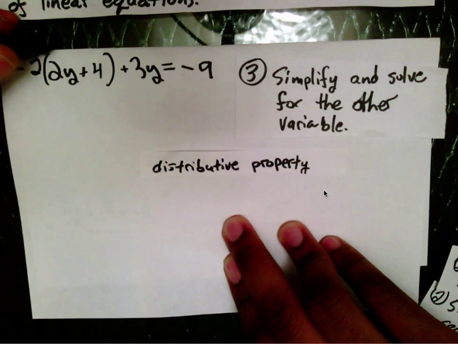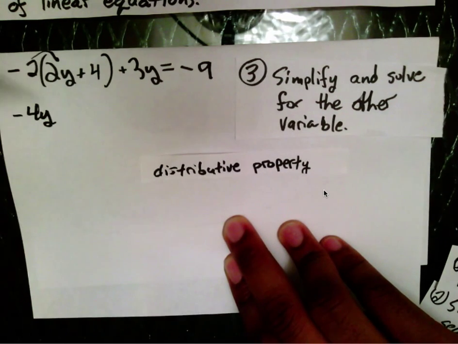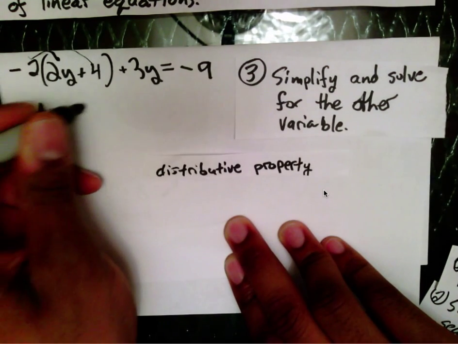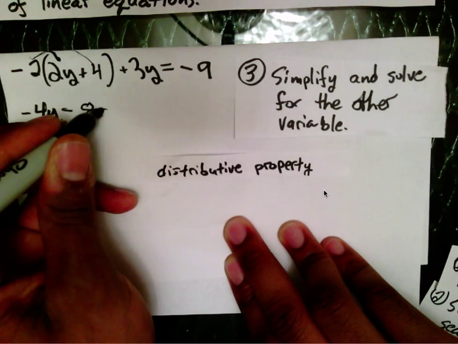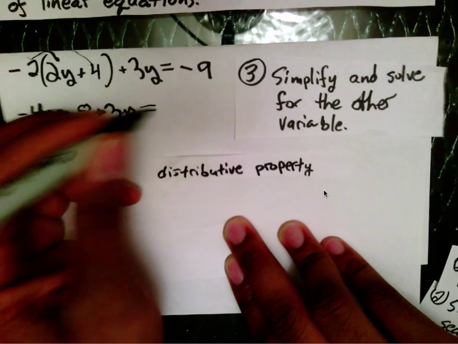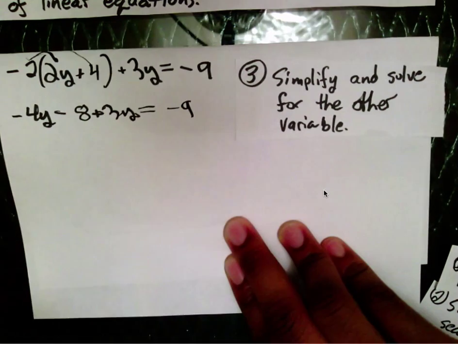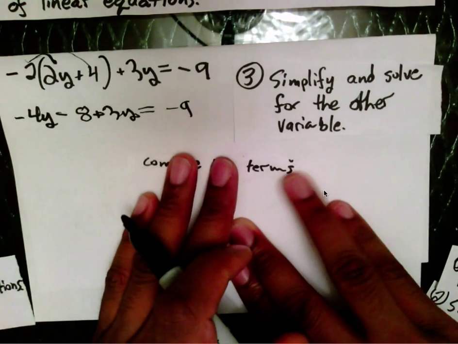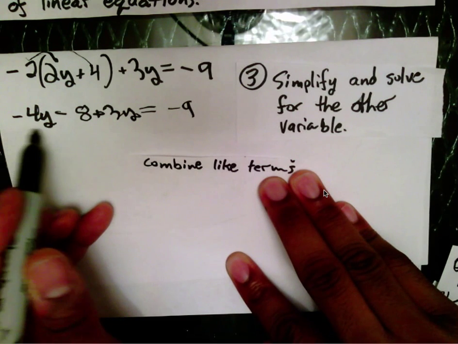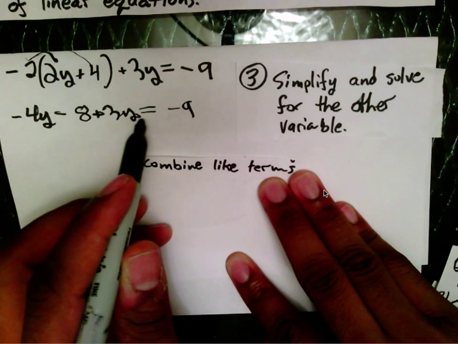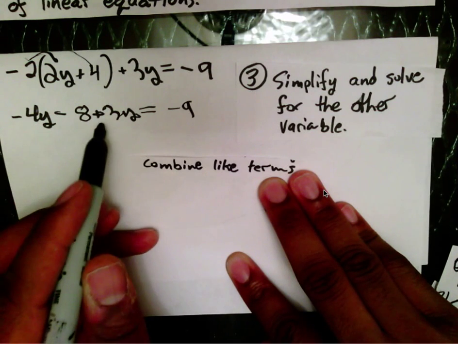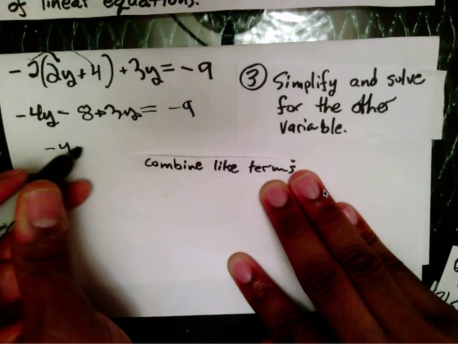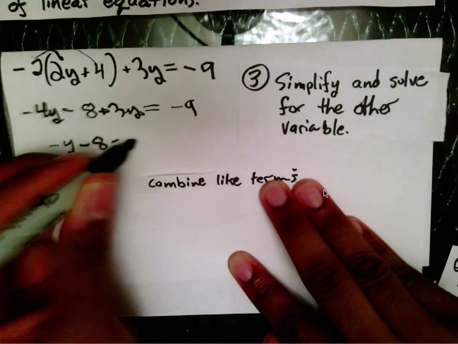Negative 2 times 2y is negative 4y, and negative 2 times 4 is negative 8, plus 3y equals negative 9. As I continue to simplify, I need to combine my like terms. I have a negative 4y and a positive 3y. Negative 4y plus 3y is negative 1y. So negative y minus 8 equals negative 9.